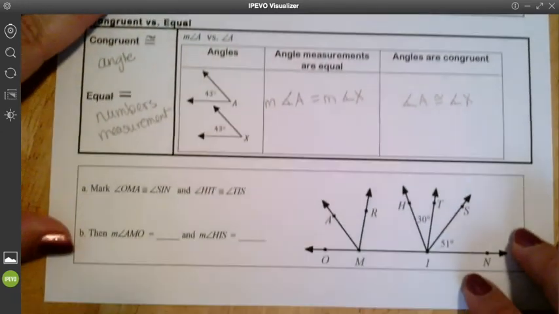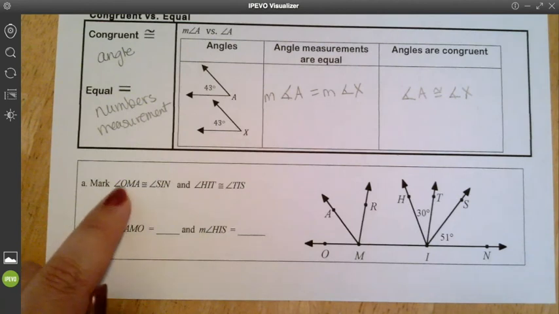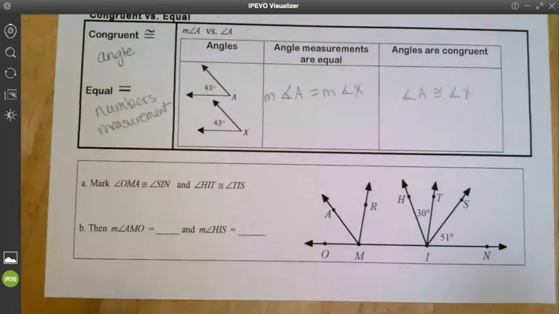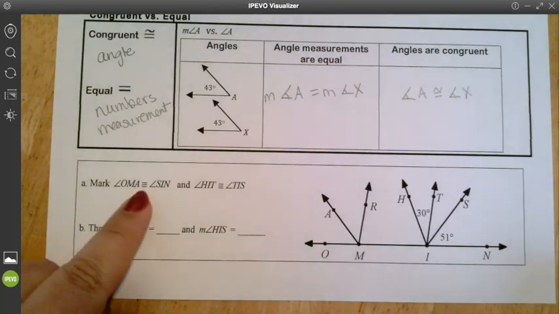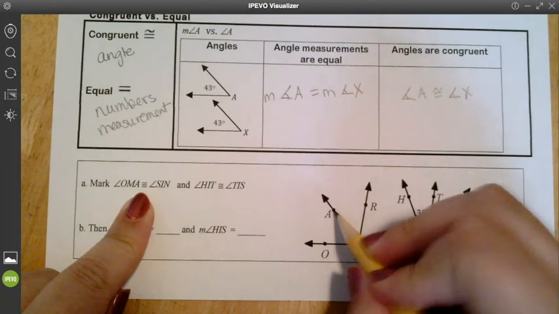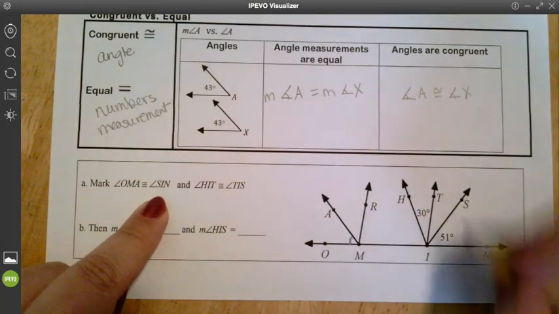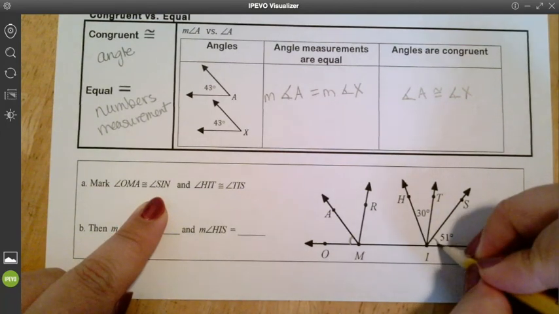So let's look if we can apply this. We want to mark OMA congruent to SIN. So remember, for segments, we did little hash marks. We're going to do the same thing here, but they're going to be little angle marks. So we find OMA, and we put one arc, is congruent to SIN, one little mark.